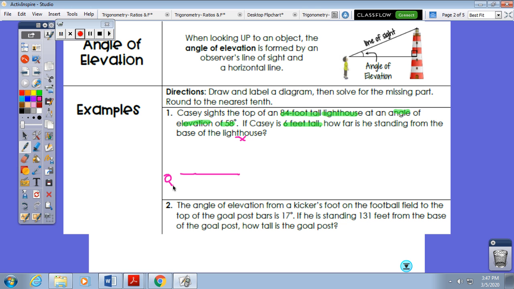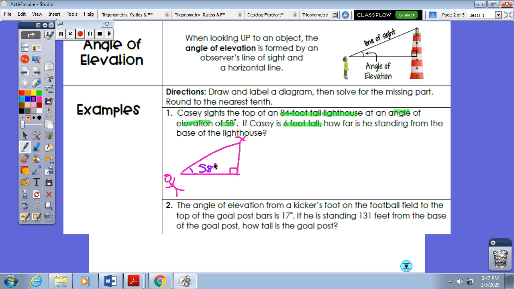Okay, so standing, he's looking up at this lighthouse to my right angle. The angle of elevation is going to be this angle here, 58 degrees. That's my angle of elevation.